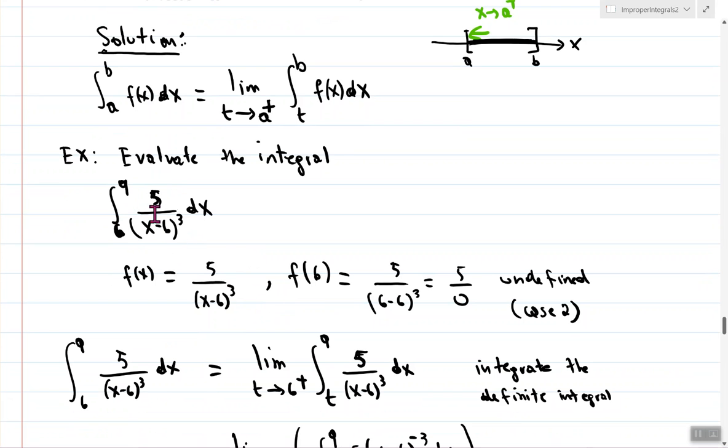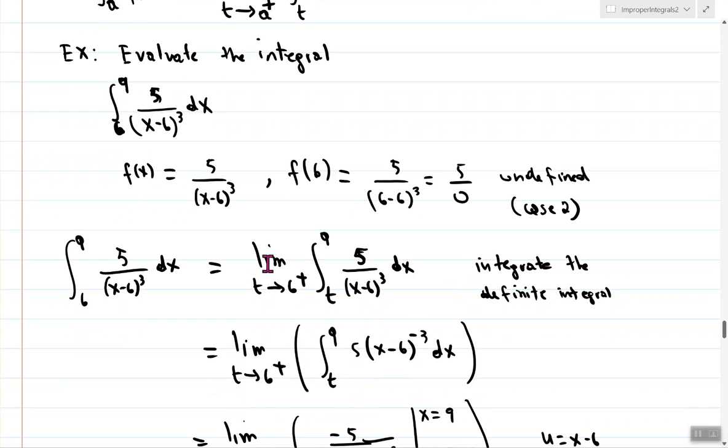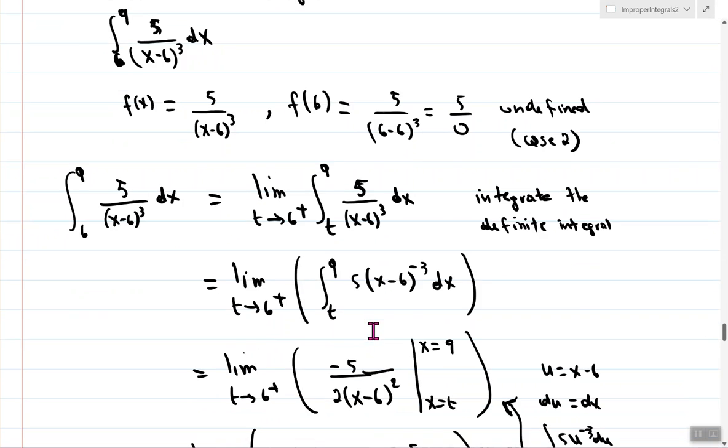The function is 5 over quantity x minus 6 raised to the 3rd power. If you plug in 6 for x into the function, you're going to have 5 over 0, which is undefined. So we know this is case 2. So to change case 2, this improper integral is a limit. We take the limit as t approaches 6 plus, and where 6 is, we replace it with t.